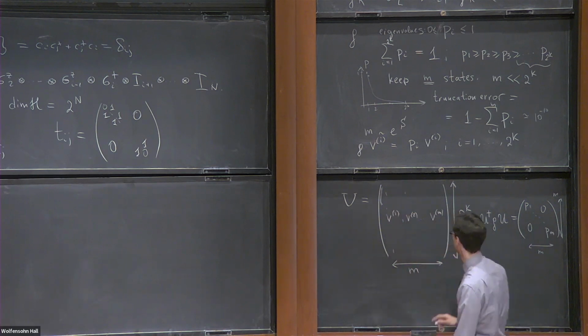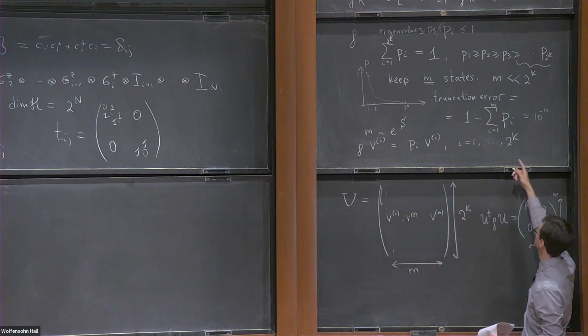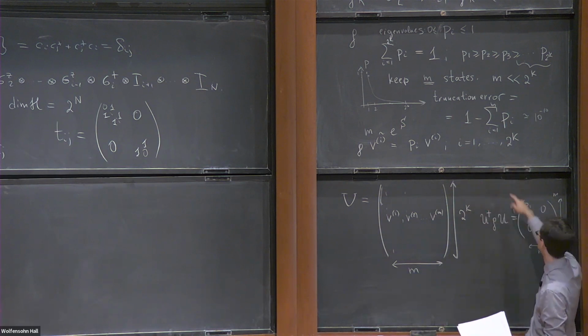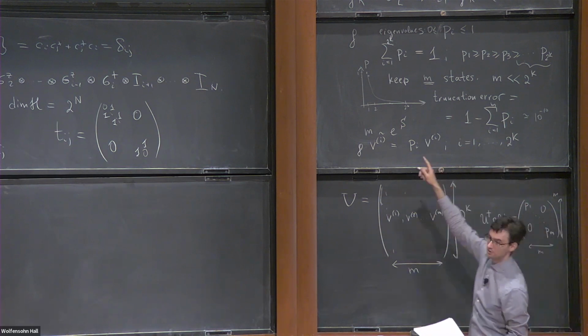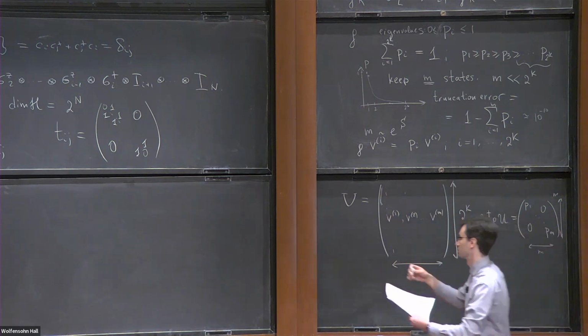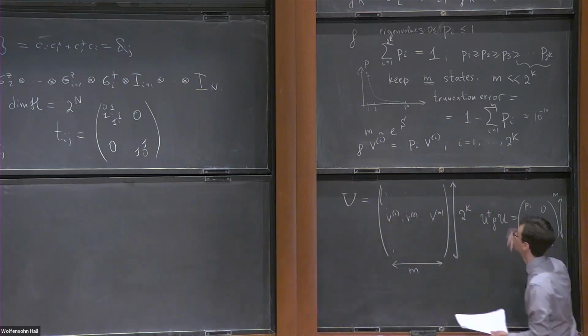You only keep m. I keep only m eigenvectors of rho, which have the biggest eigenvalues, the most probable eigenvalues p. They're all basically close to 1, or if I sum them all, they will be almost 1.